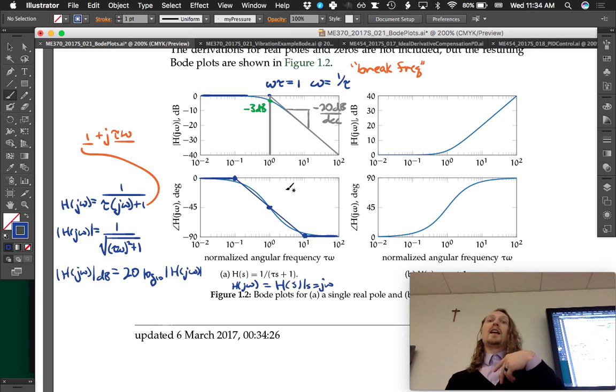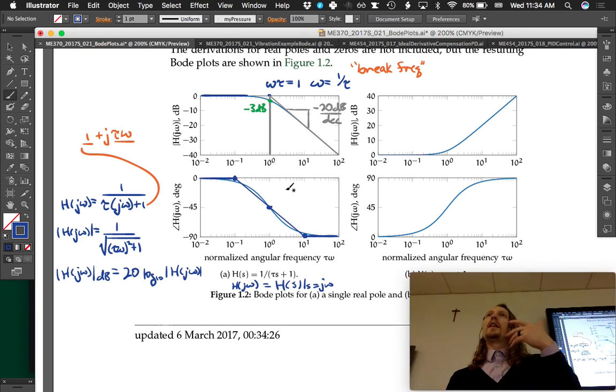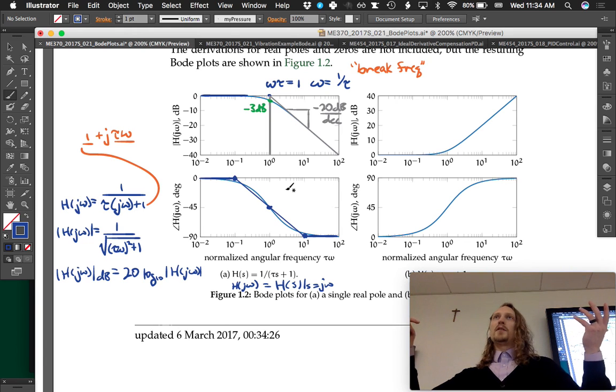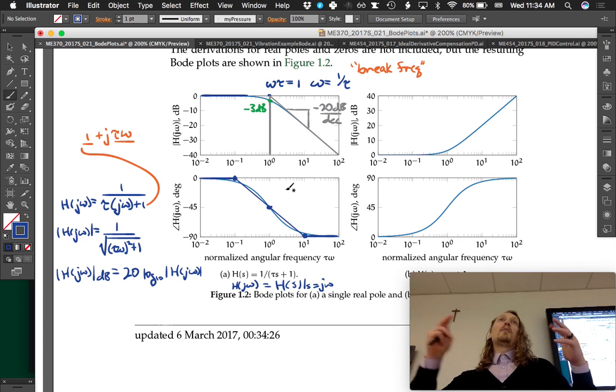And we're saying that for a sinusoidal input at a given frequency, the steady state response is just a scaling of the sinusoid input and a phase shift.